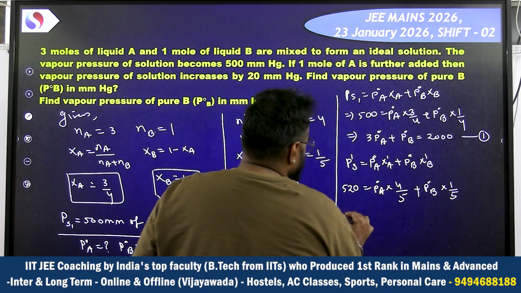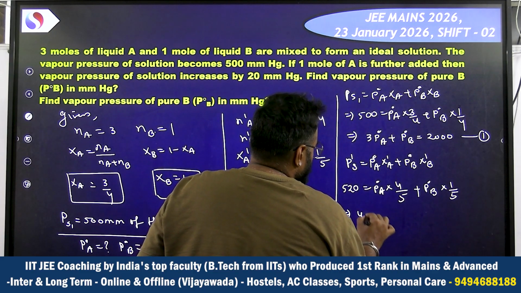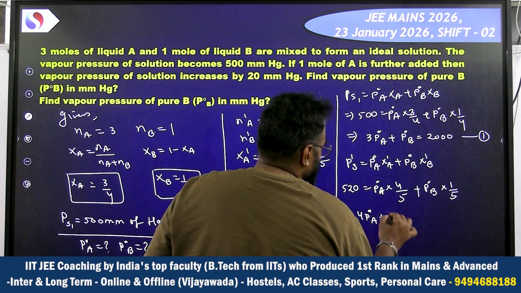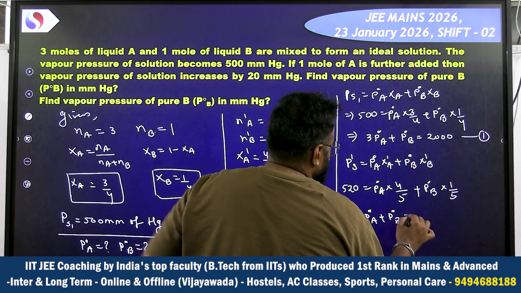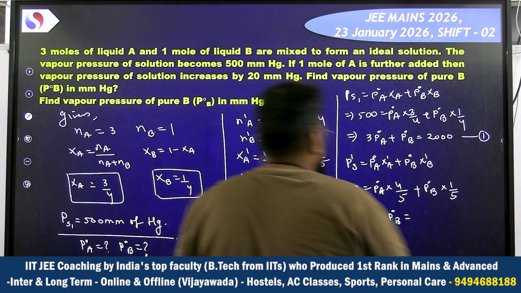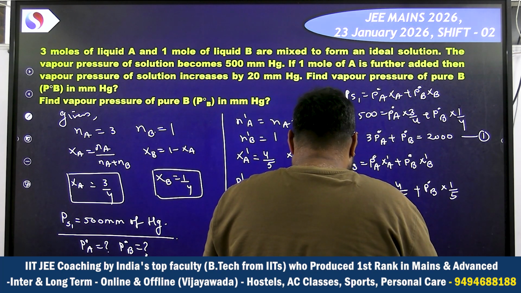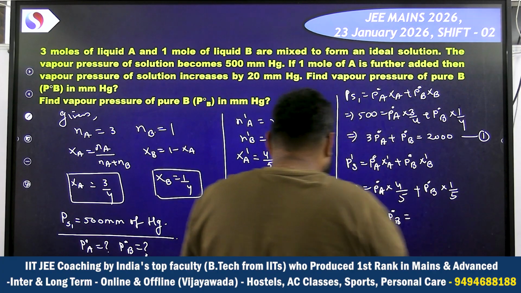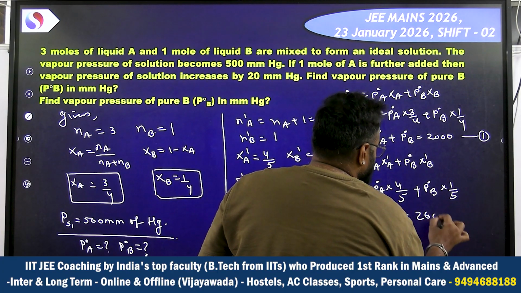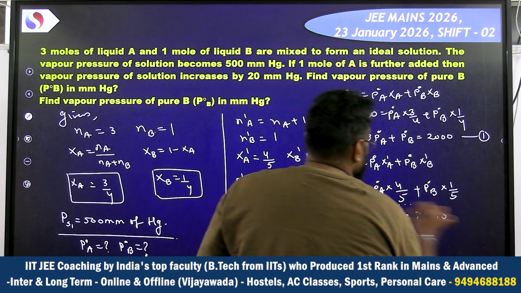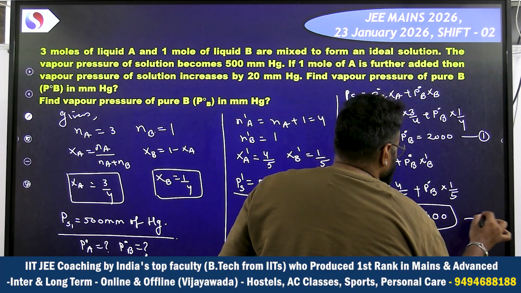So this equation will be 4 P0A plus P0B is equal to 520 into 5, that is 2600. This is my second equation.